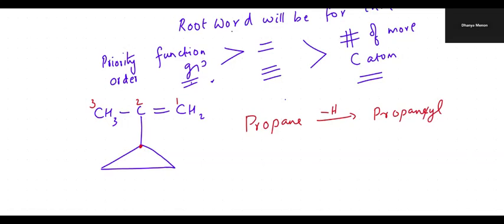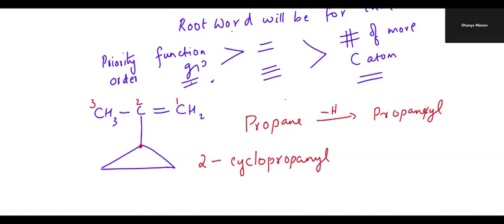The prefix we write first, primary prefix 2-cyclopropenyl.